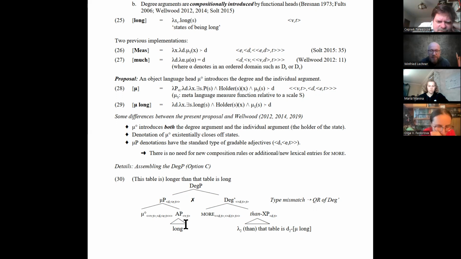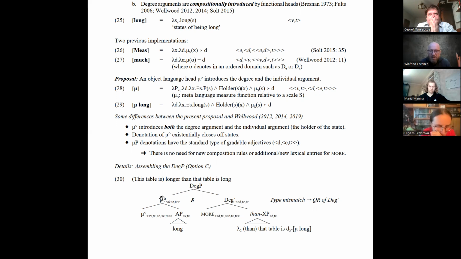The AP itself is only a predicate. It's a predicate of states. Now, once the mu head combines with the AP, you get your run-of-the-mill classical gradable adjective denotation, a relation between degrees and individuals.